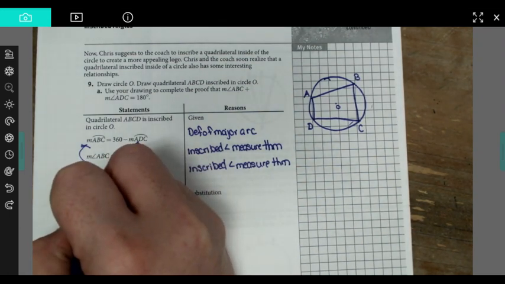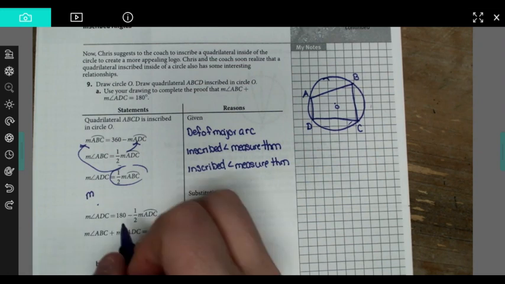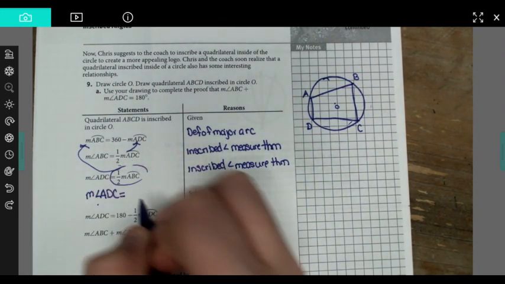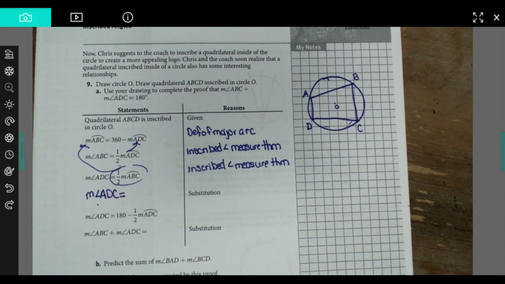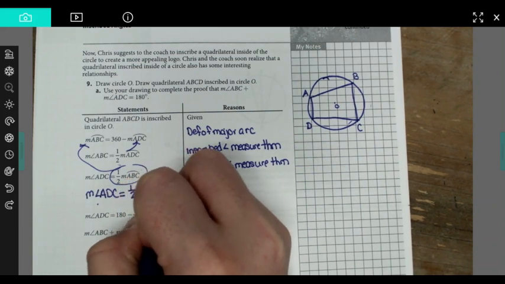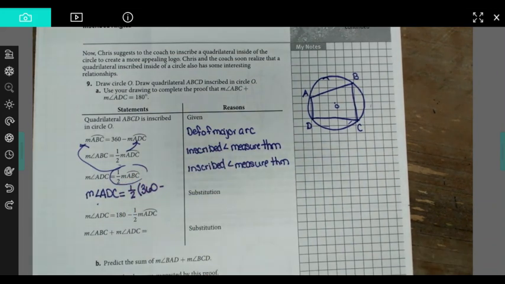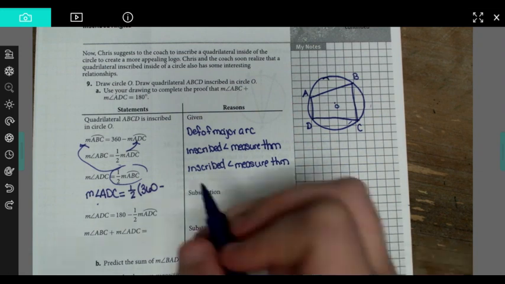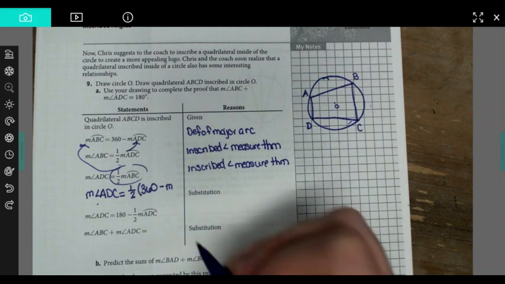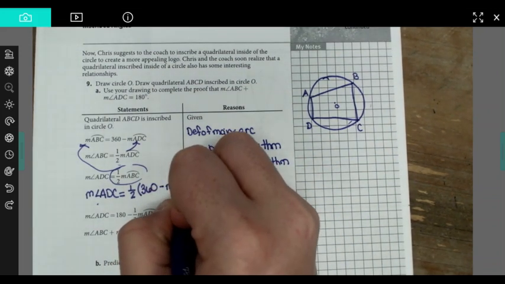We've got the measure of angle ADC equals 1/2 of 360 minus the measure of arc ADC.